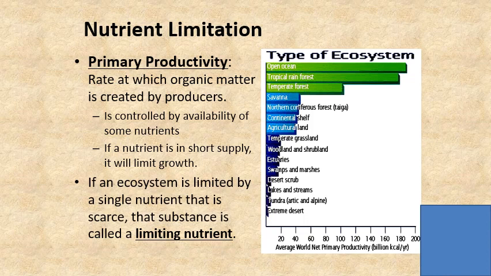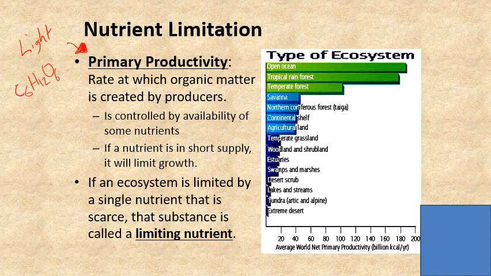So when we look at each type of ecosystem, there is a thing called primary productivity, dealing with the primary producers, the organisms that are capturing light and converting it into a molecule, glucose, C6H12O6.